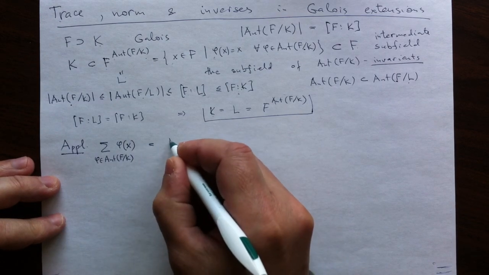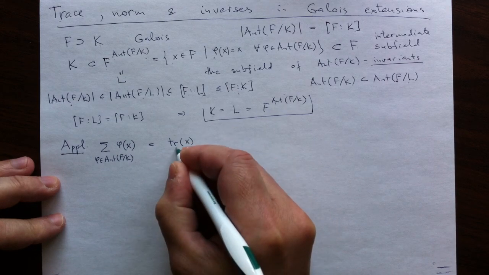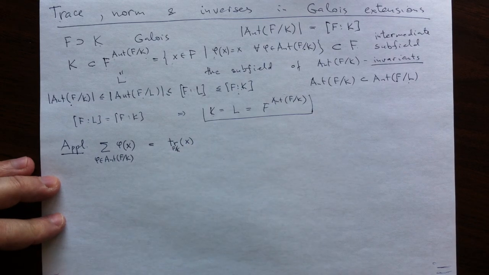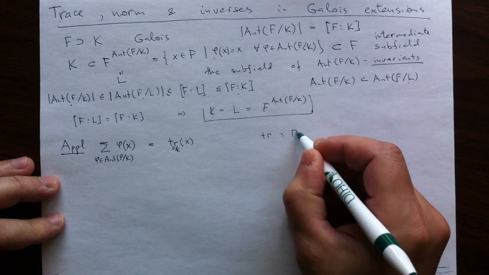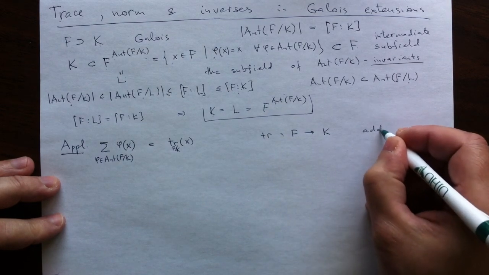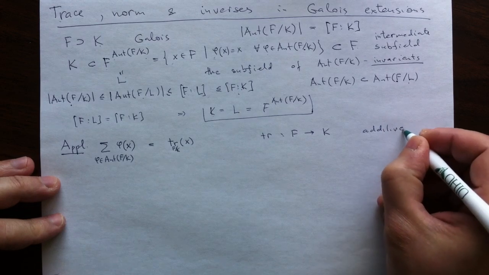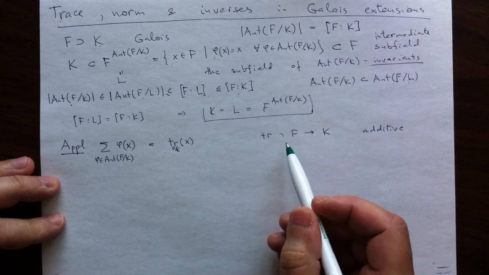So the sum is an element of K, and it is called a trace of X, the trace over K of the F element X. And that trace function is the function from F to K, and it is additive, meaning that the trace of the sum is equal to the sum of traces.